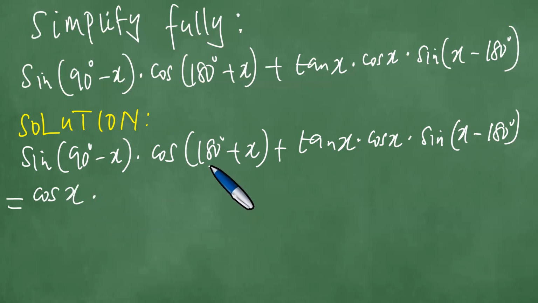x. In which quadrant is 180 plus x? It is the third quadrant. And in the third quadrant, what happens? Which functions are positive and which ones are negative there? Tangent is the one that is positive there, and the rest are negative, meaning I have a negative, and you copy cosine and x.